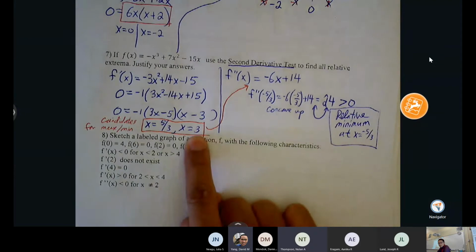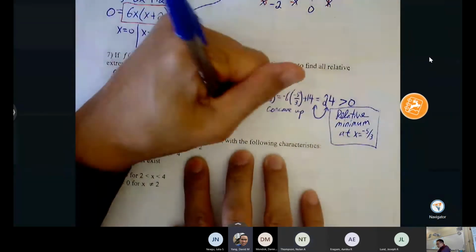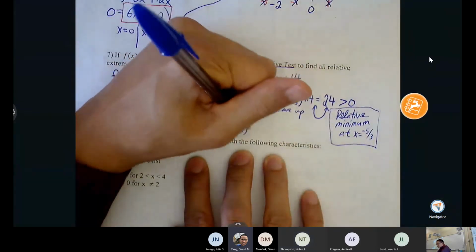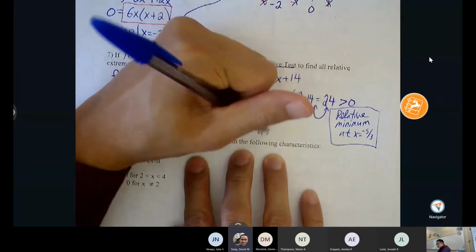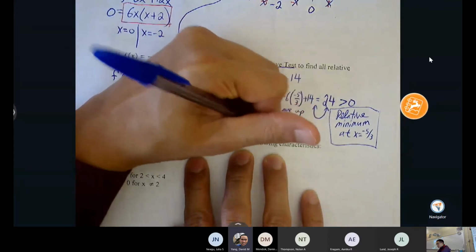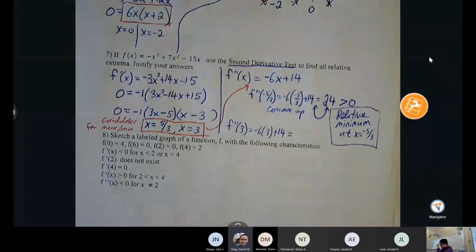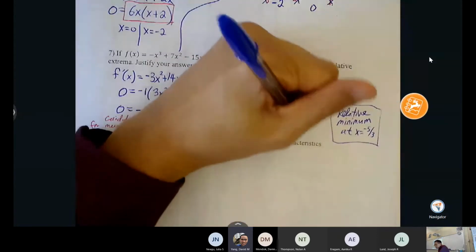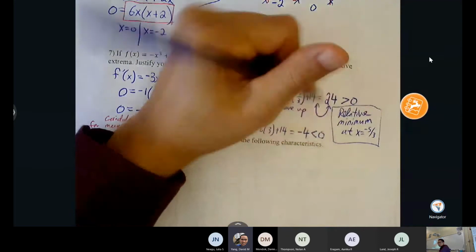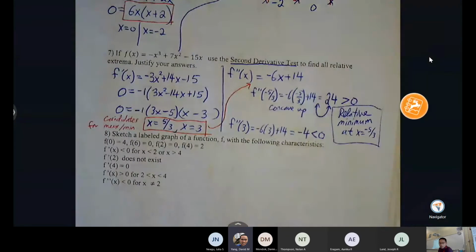Evaluate the second derivative at 3. I get a -4. The value is not that important. It's the fact that it's negative. So a negative value from the second derivative means concave down.